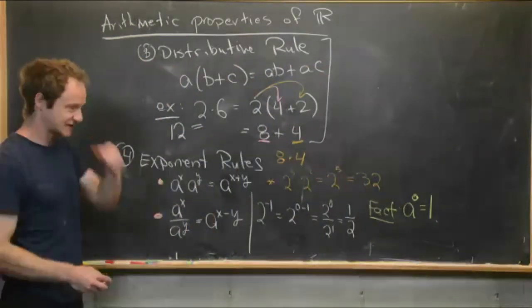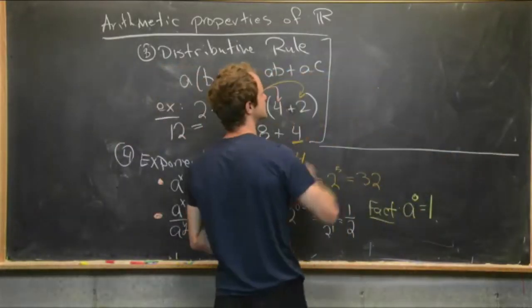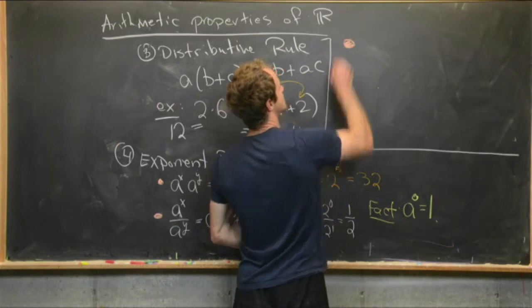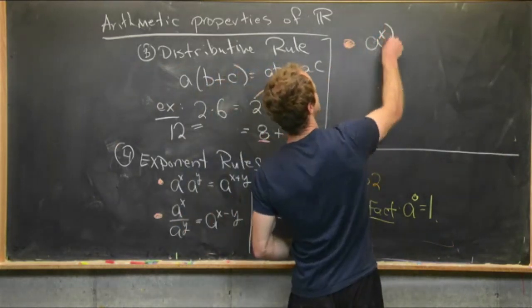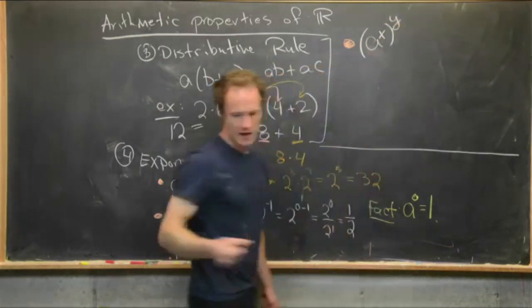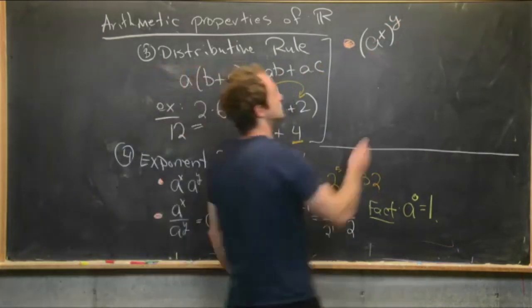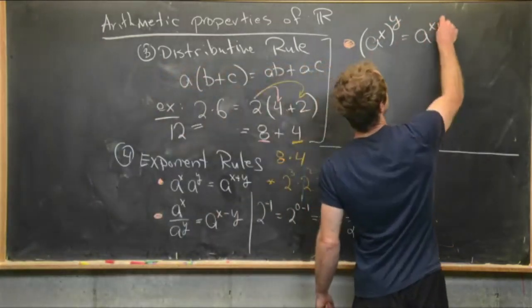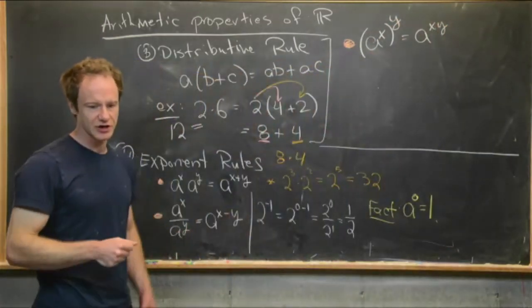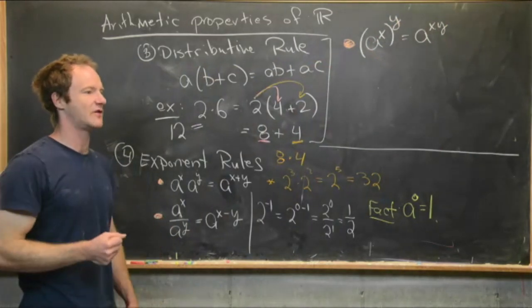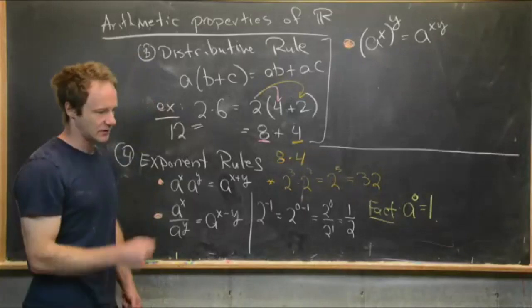What if you take an exponent to an exponent? So if you have a to the x to the power of y, then you do multiplication. So this is going to be a to the x times y. Essentially, when you're combining these things involving exponents, you drop down one level of operations.